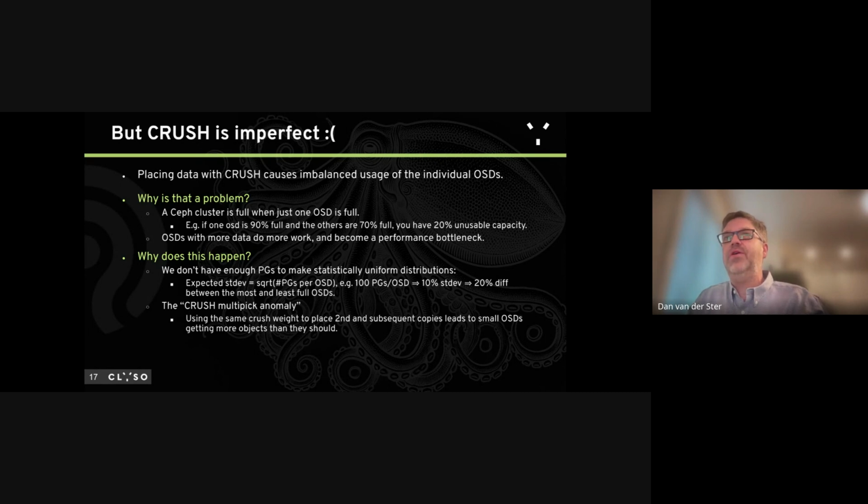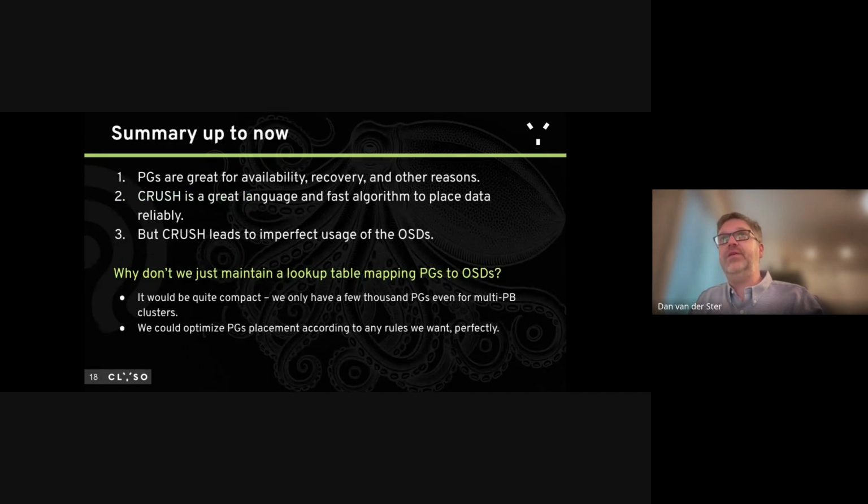That's something we call the Crush multi-pick anomaly, and it's very difficult to solve. So all of this means Crush is imperfect, so we need something else. And that's the summary up to now: the PGs are great for availability, for recovery and other reasons.